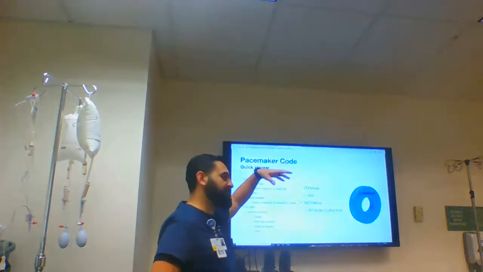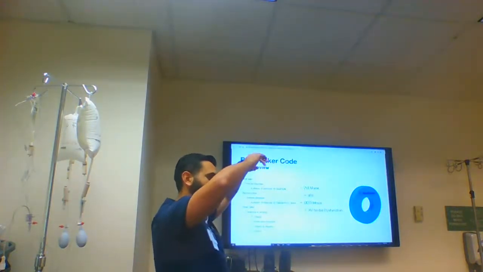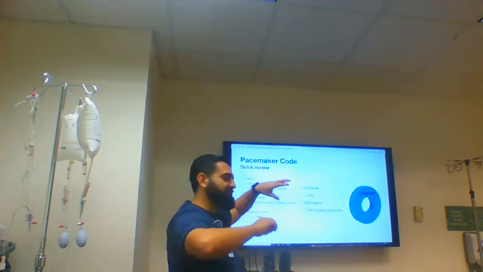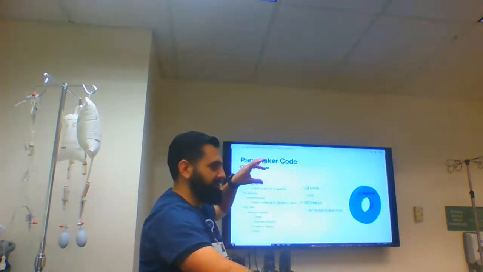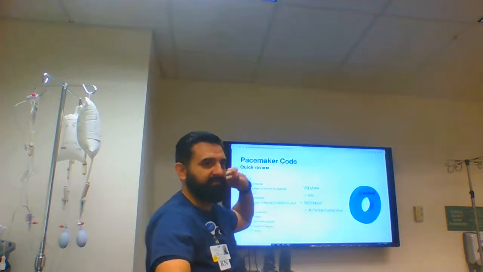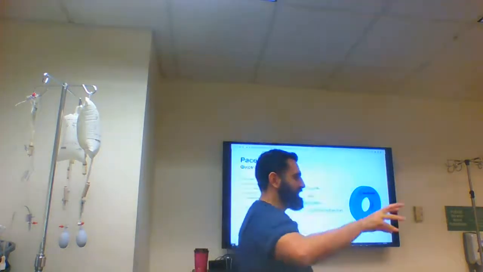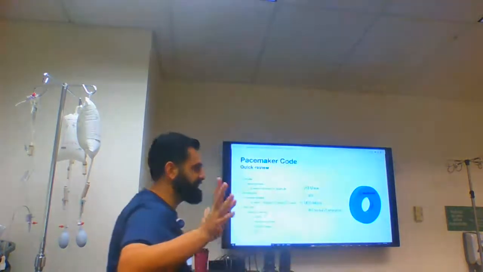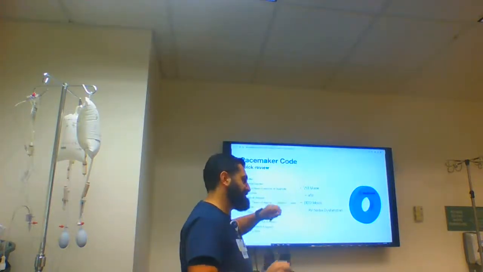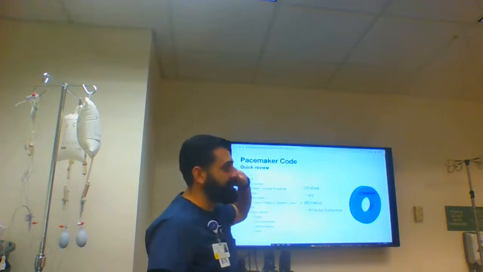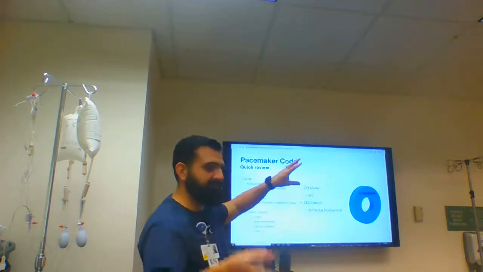We'll pace the atria, and if that's enough, the impulse travels correctly, then the bottom part won't pace, because it travels to the AV node, Purkinje, and then everything's good. So then there's no need for the ventricles to be paced. But if we pace the atria and nothing happens, then we have to pace the ventricle.